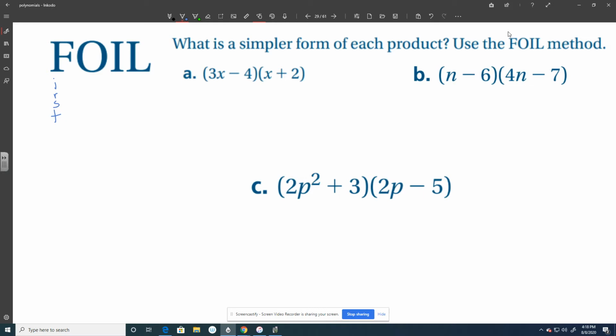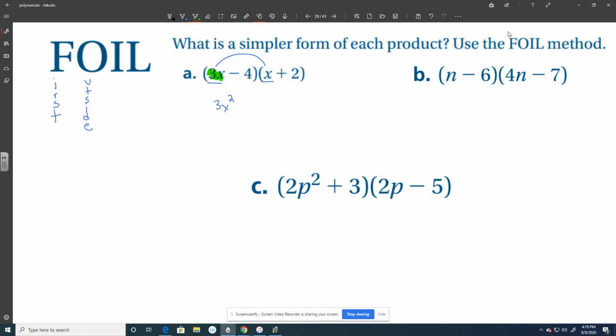So what that means is you take the first term in each parenthesis and you multiply them together. So 3x multiplied by x is 3x squared. O stands for outside. So you take the outside and you multiply them together.